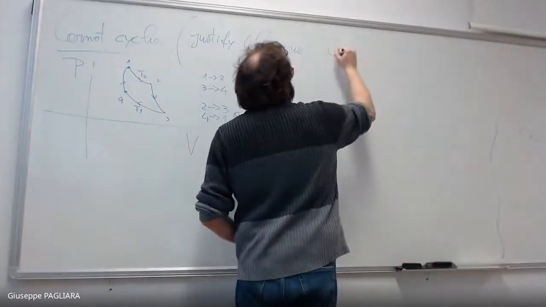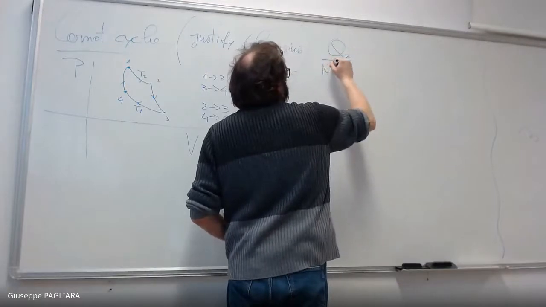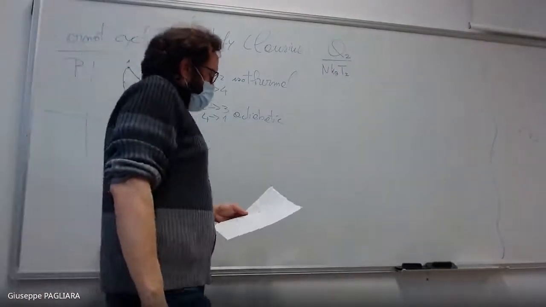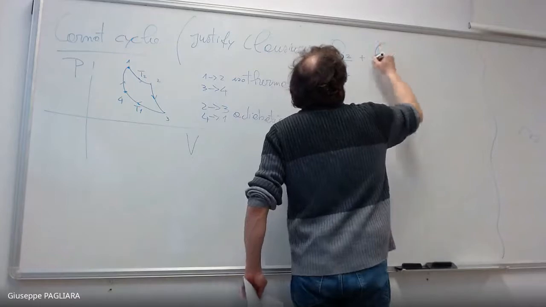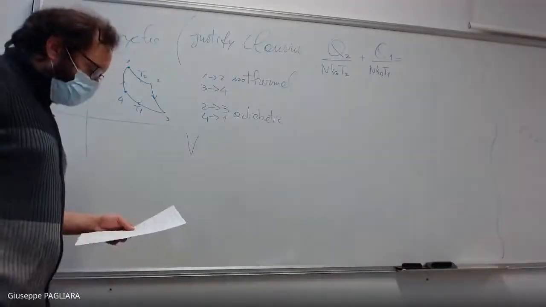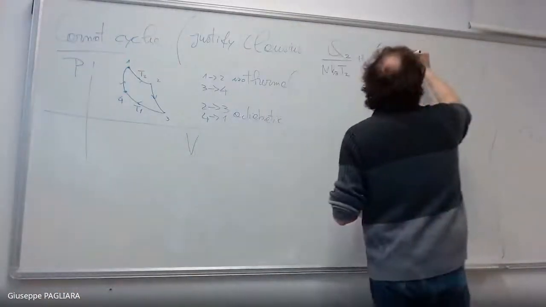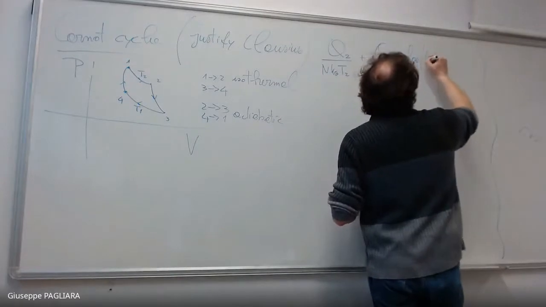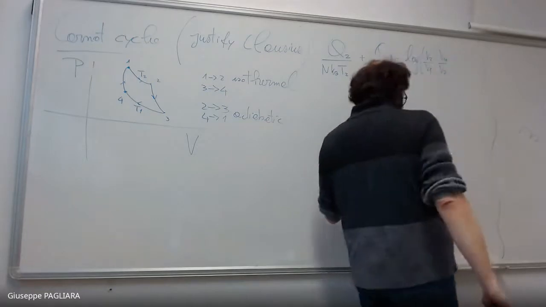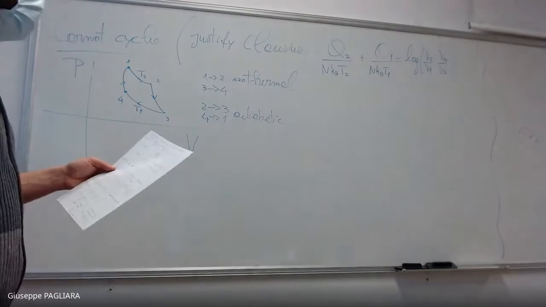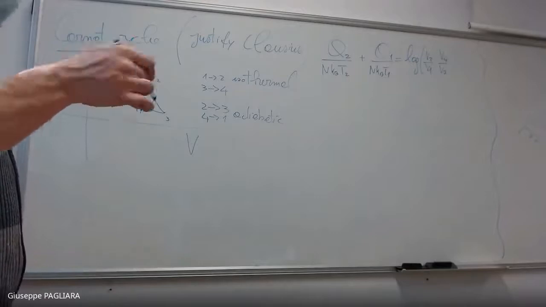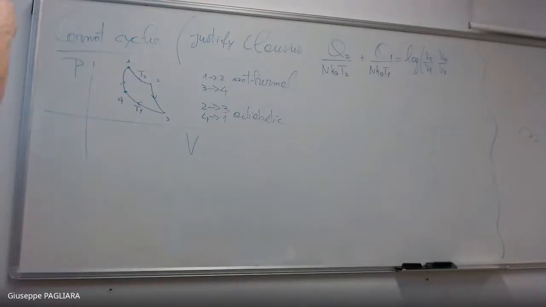What I can get from those two relations is that Q2 divided by n KB T2 plus Q1 divided by n KB T1 is equal to a sum of logs, the log of V2 divided by V1 times V4 divided by V3, that is V2 V4 over V1 V3, just by combining the two equations we wrote before.